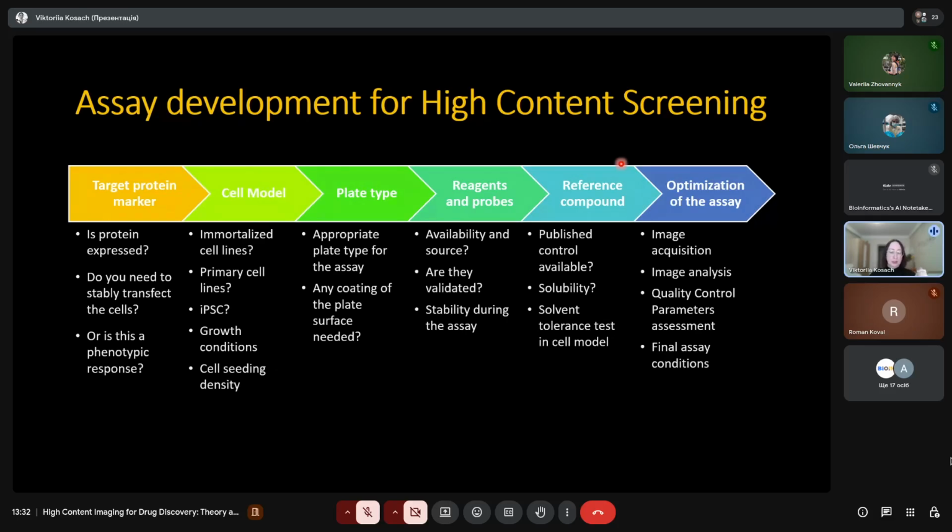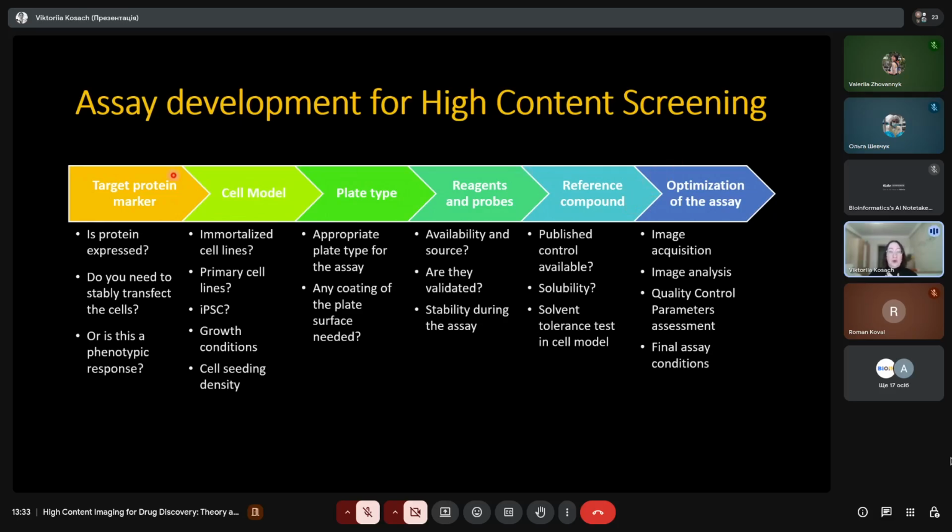So you know that this compound is inhibiting or activating your target, depending on the assay. It should be already published, or just be a drug that is already on the market. So it's also quite important.